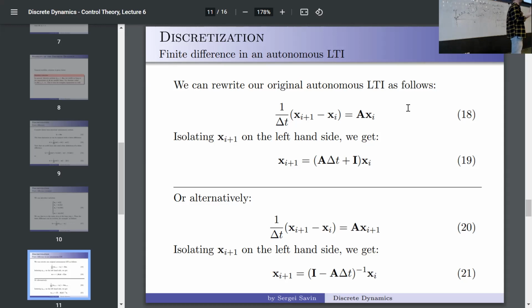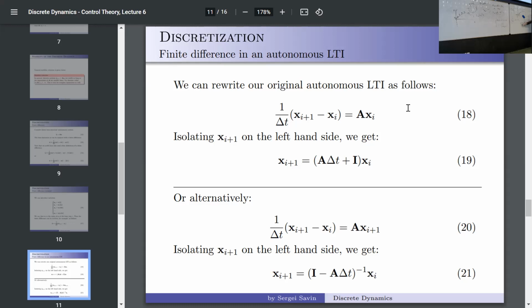Like the closest value of x. What do I mean? t we can represent as some i times delta t, approximately. Of course, t is a continuous variable, so it doesn't have to be equal to this, but there will always be a closest i to the current t.